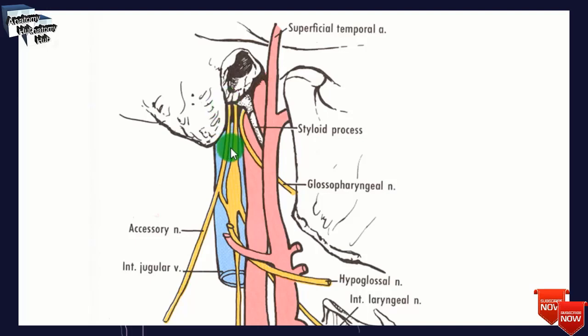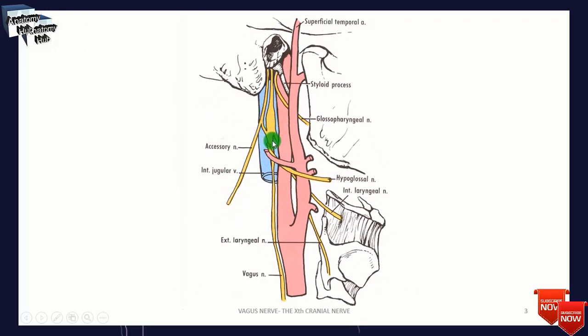The vagus is then joined by the internal branch of the accessory nerve that you can see here, the fibers of which are actually distributed with branches of the vagus nerve. The vagus descends within the carotid sheath, that you know very well when we have done the anterior triangle.